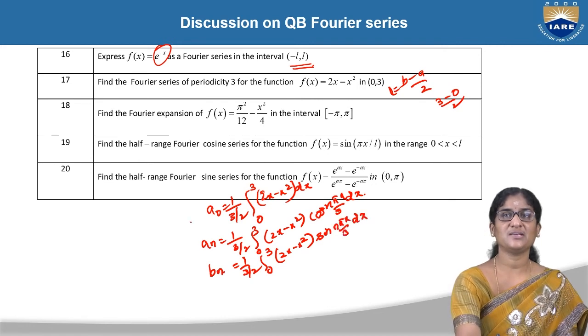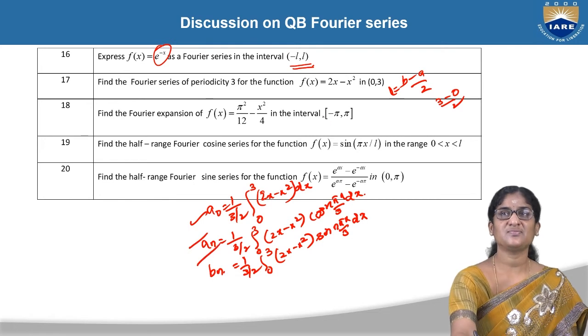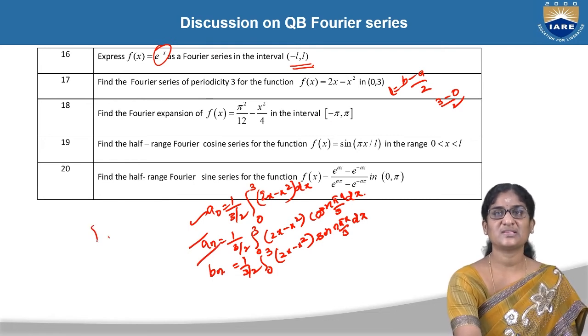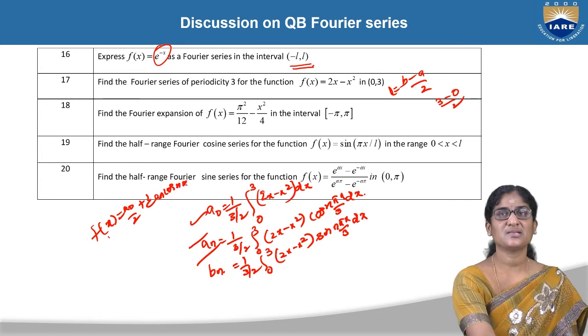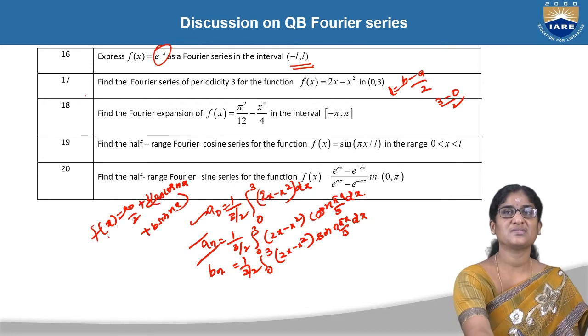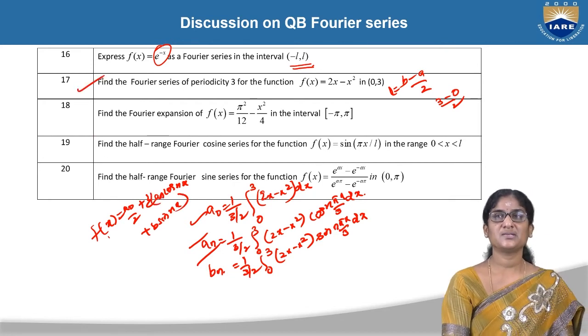After finding these three values we have to substitute in the Fourier expansion. f of x is equal to a0 by 2 plus summation an cos nx plus bn sin nx. So this is how we can do the 17th question, that is 2x minus x square in the arbitrary interval 0 to 3.